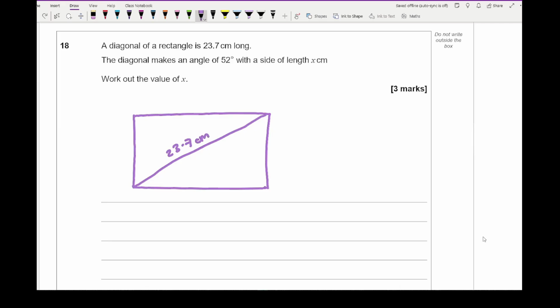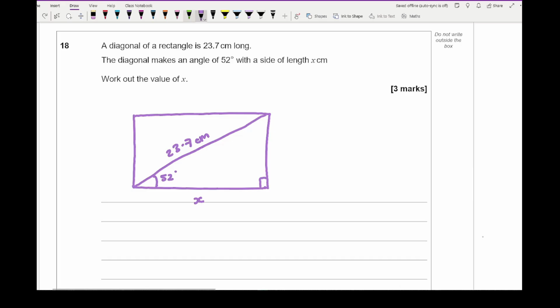Now it says that the diagonal makes an angle of 52 degrees with the side labeled x. So let's call this side here x, and this angle is 52 degrees. And the question is asking us to find the value of x.